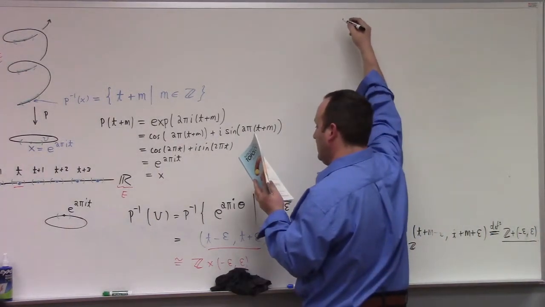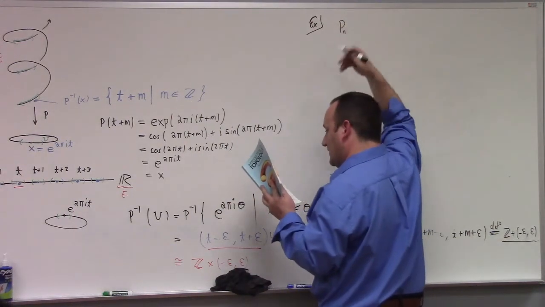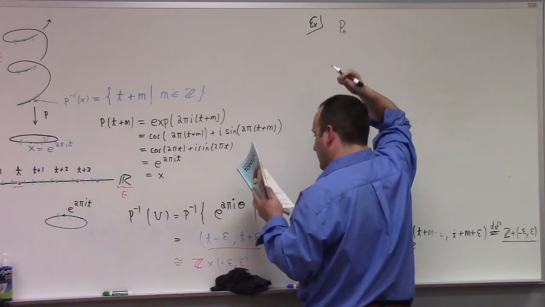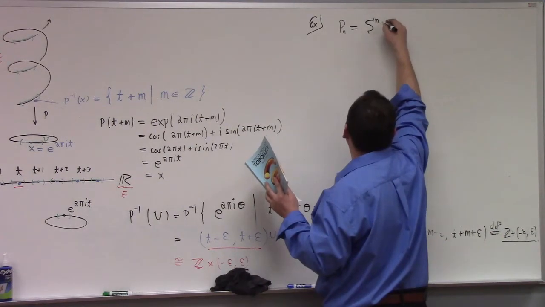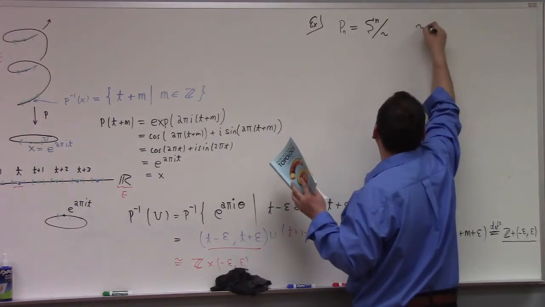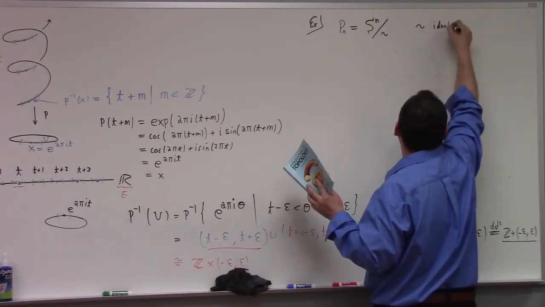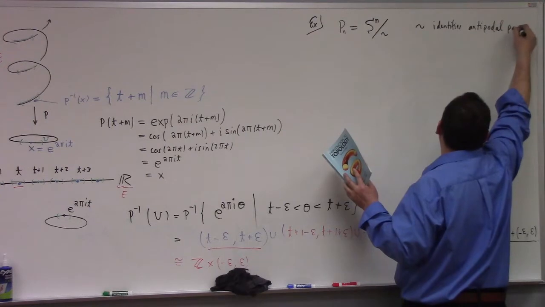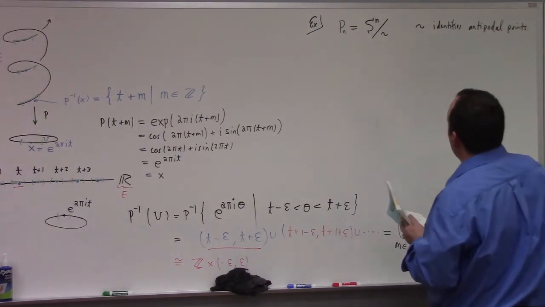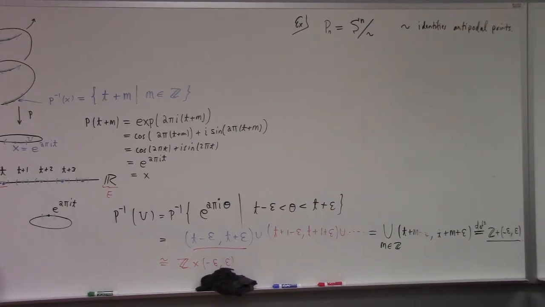Pn was defined to be the sphere, basically the n sphere mod an equivalence relation that identifies antipodal points. This may not be how we actually defined it in here. I think we defined it a different way, but this is yet another way of defining n-dimensional projective space.